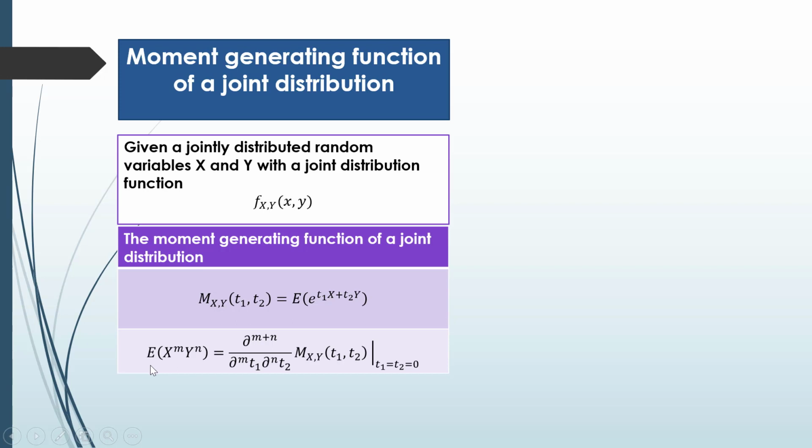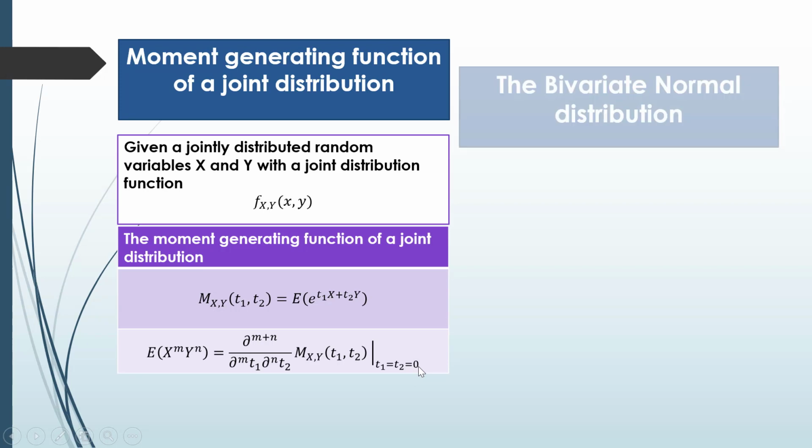And the moment, expected value of x to the m, y to the n, is found by differentiating m times with respect to t1 and n times with respect to t2 the moment generating function, and taking it at the point t1 equal to t2 equal to 0.